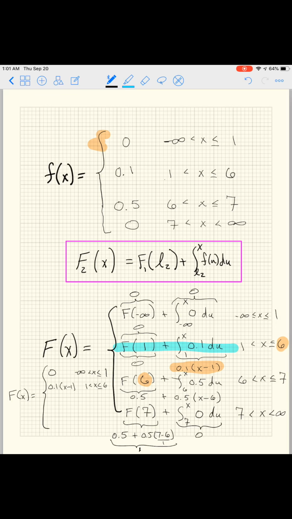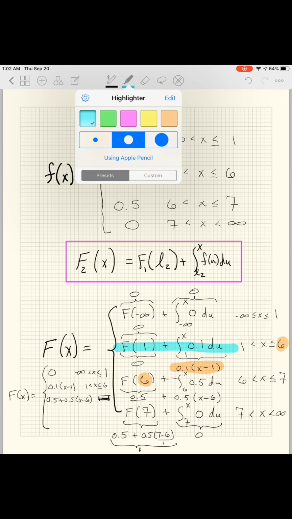I could simplify that, because 0.5 plus 0.5x minus 6 is just 0.5 plus 0.5x minus 3. So I could do like 0.5x minus 2.5 or something, but I can just try to write it in a long form here, just so everyone's clear. And that's for, I'm not going to write it right now, but that's for the range.